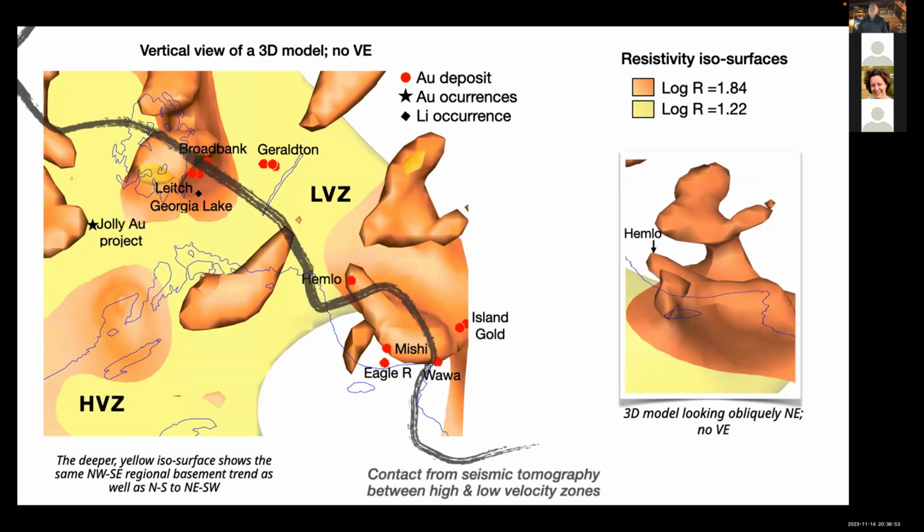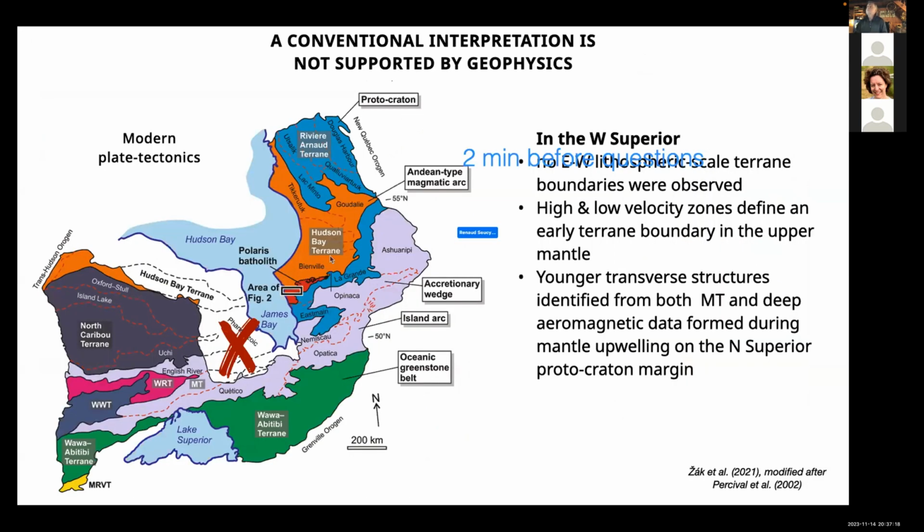And so it's interesting when one puts in this contact that I was showing before from the seismic tomographic data, the contact between the low and high velocity zones, we see that the major gold deposits also occur in the vicinity of that zone, and this finger is rising up parallel to that contact that was determined using another data set.